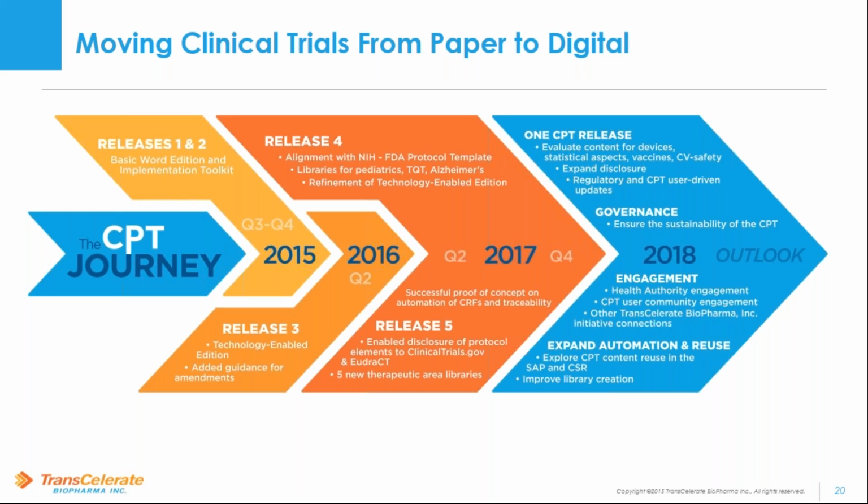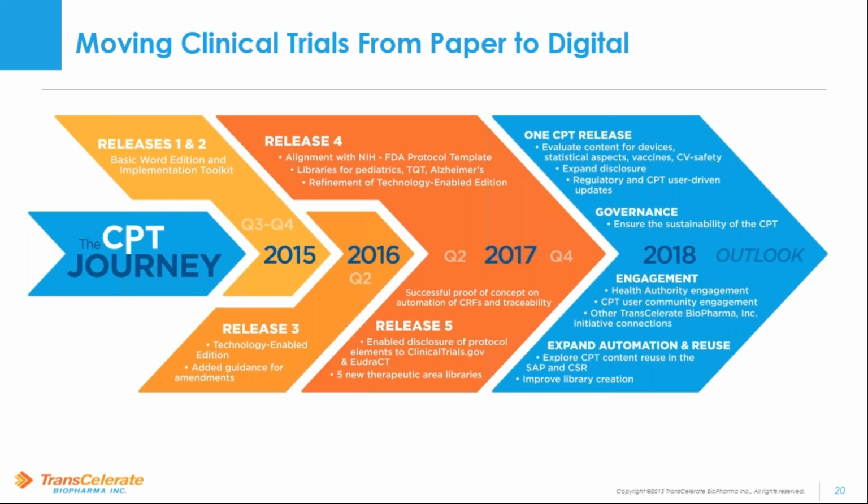2018 has been another busy year for the team, as we've been focused on establishing a governance model to ensure sustainability of the template, and also on expanding opportunities for user and health authority engagement. The team is now heads down in the final stages of preparation for a 4Q template release.